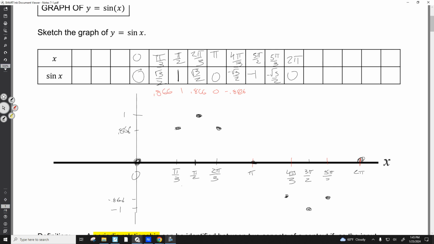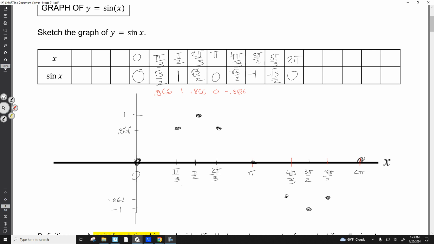Cool. Does it stop at 2 pi? Is that the last value that I can find the sine of? Does it stop at 0? Is that the last input or the first input? Could you plug in things bigger than 2 pi? Give me an example of something you can plug in that's bigger than 2 pi.